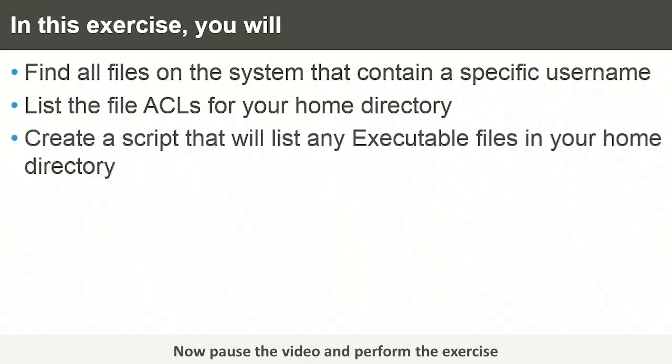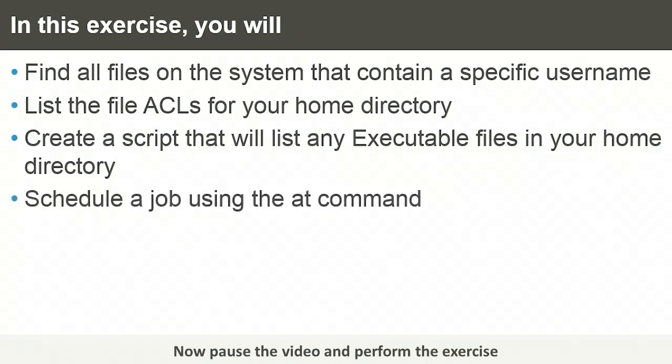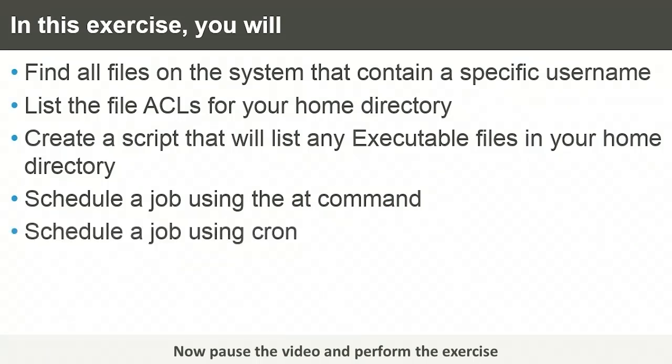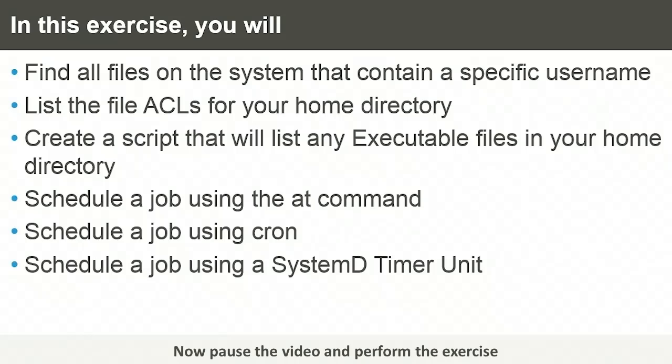Then, you're going to create a script that will list any executable files in your home directory. Then comes the scheduling tasks, beginning with scheduling a job using the at command, scheduling a job using cron, and scheduling a job using a systemd timer unit. Pause the video and give these a whirl, then come back to the video to see possible solutions.